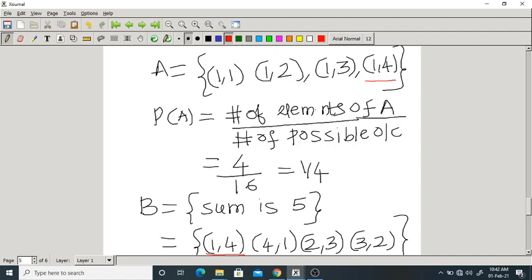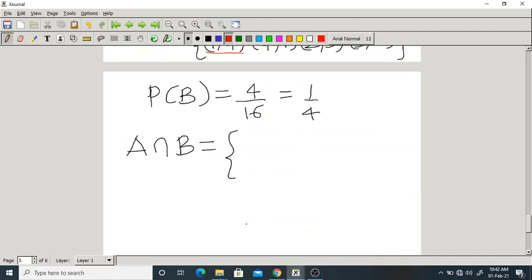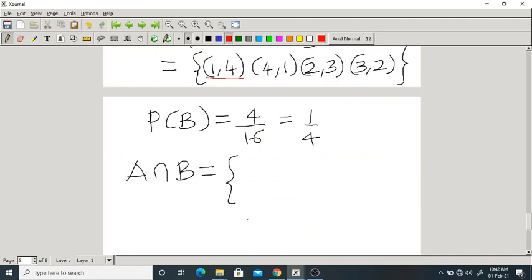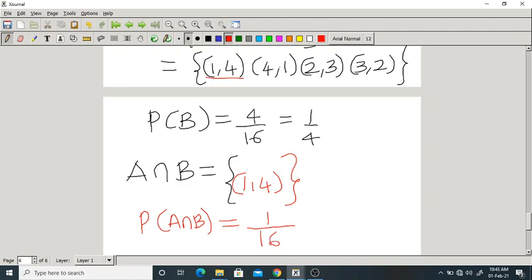There is only one common element between events A and B. What is that? 1, 4. Now what is the probability of A intersection B? The number of elements in A intersection B, only 1, by the total number of elements in the sample space, that is 1 by 16.